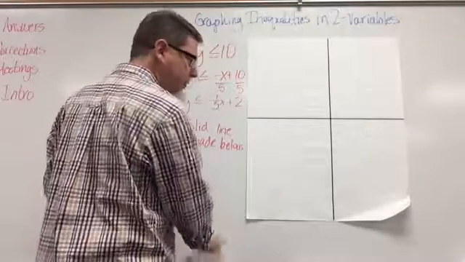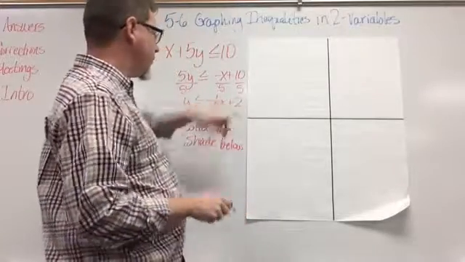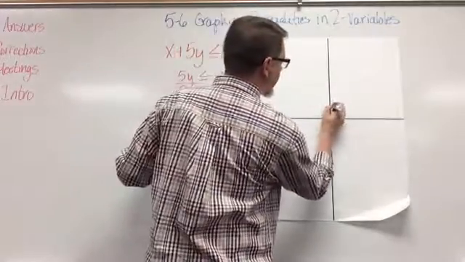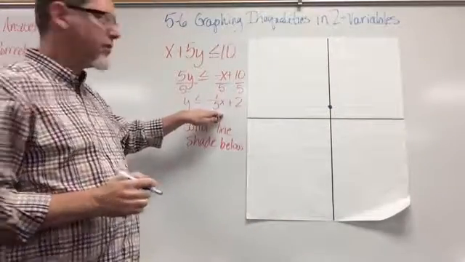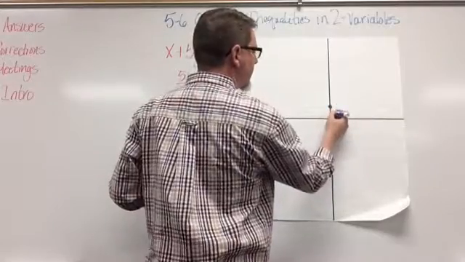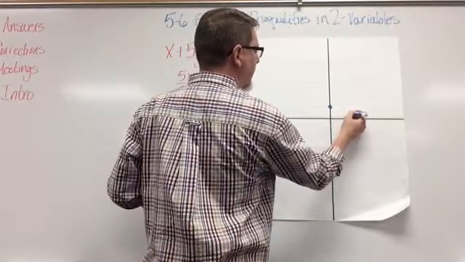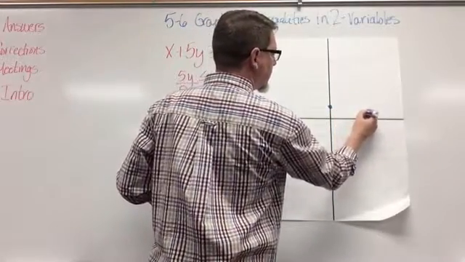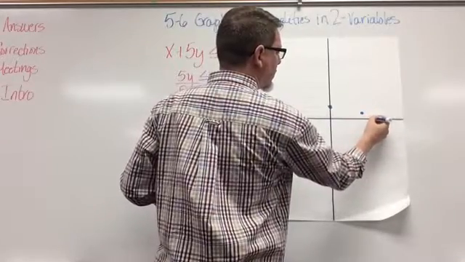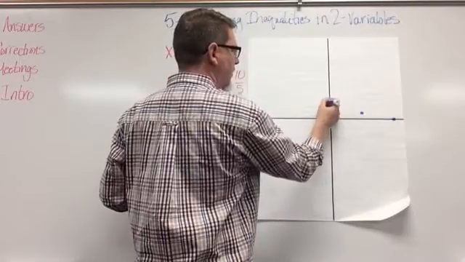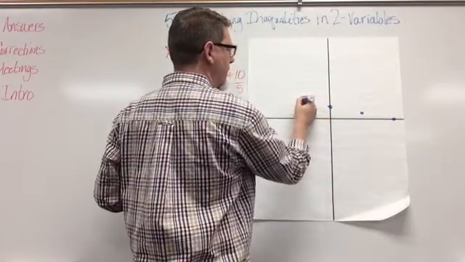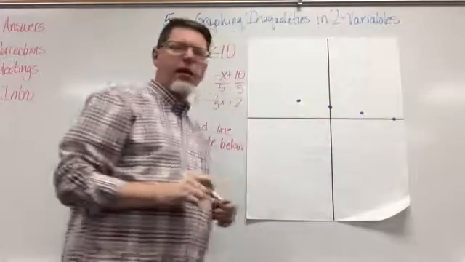So the first thing I will do is graph my y-intercept. My y-intercept is 2. There's my y-intercept. My slope is negative 1/5. So I'm going to go down 1 and to the right 5. And I can go down 1 and to the right 1, 2, 3, 4, 5. Or I could go up 1 and to the left 5. And there I have my line.